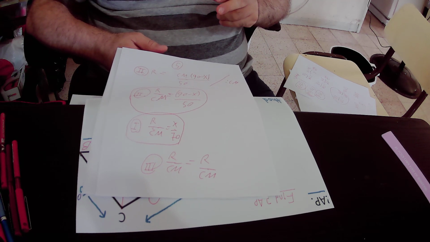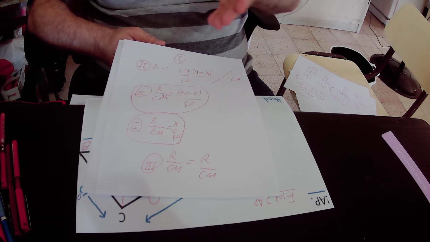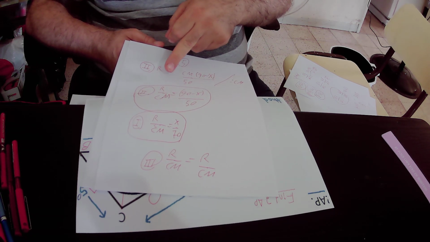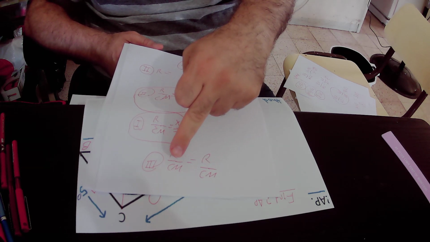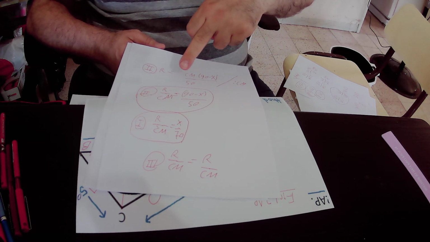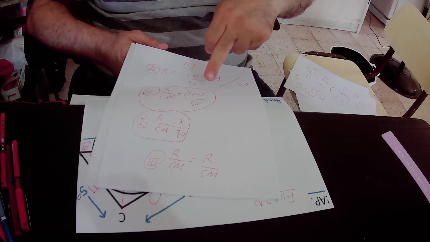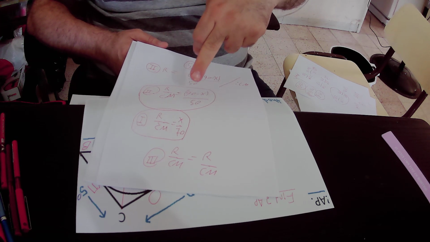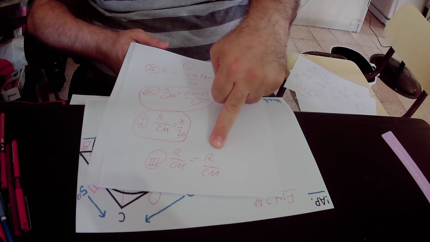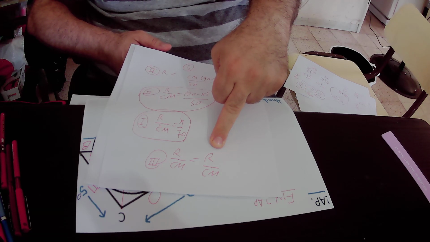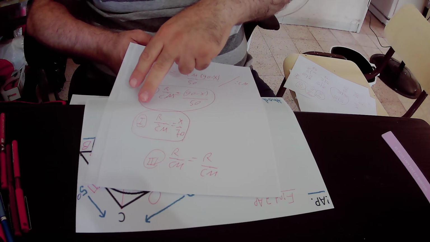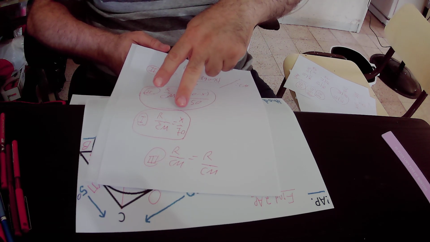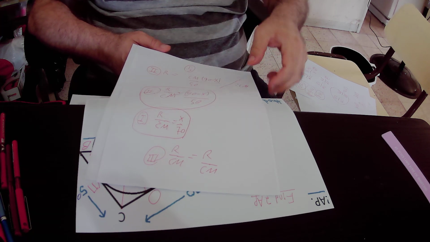So we can create the third equation that states that R over CM equals R over CM, and we will substitute the R over CM on this side by its value from the second equation, that is 90 minus X over 50, and we will substitute the R over CM on the other side by its value from the first equation, that is X over 70.